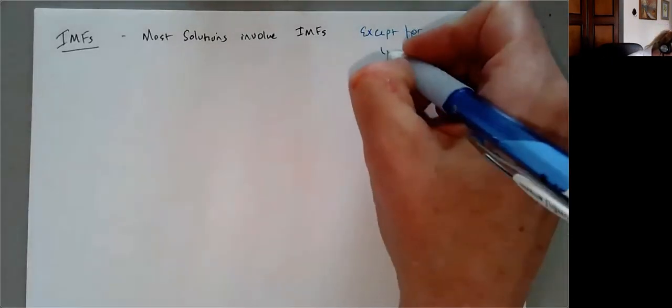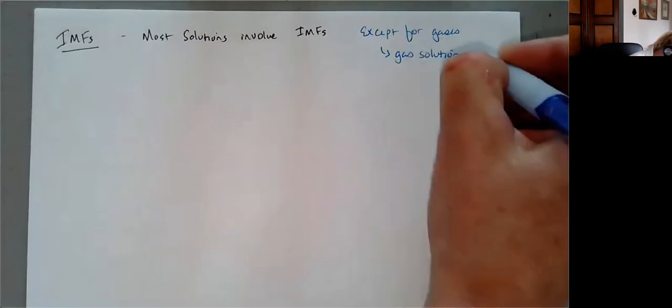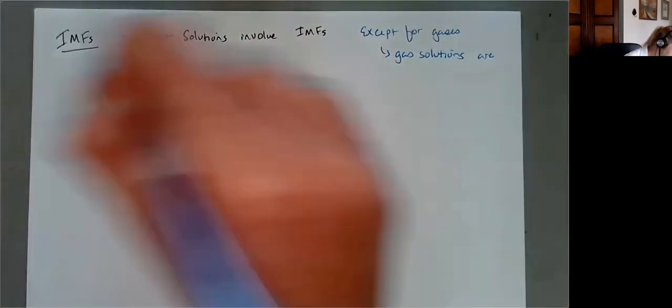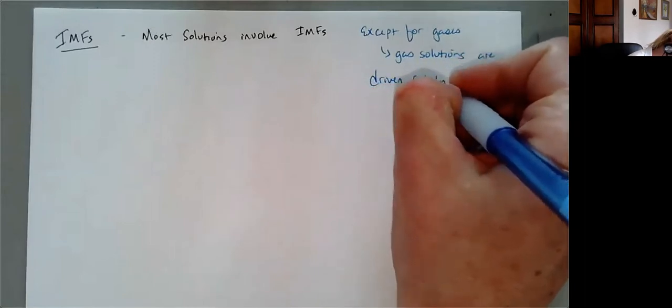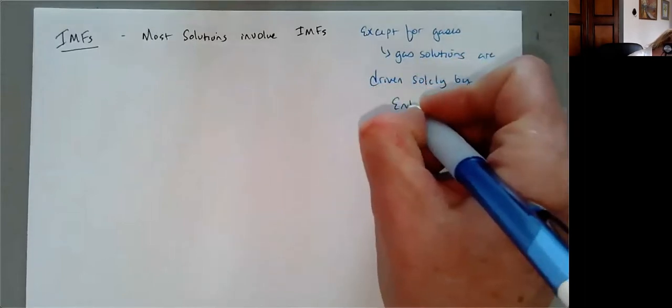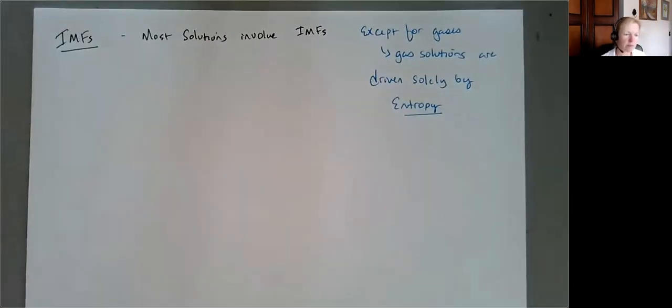Gas solutions are driven solely by entropy. And remember, entropy was our measure of disorder. Any system, process, or chemical reaction that increases the amount of entropy, increases the amount of disorder, increases the amount of movement that molecules have, is going to be favored from an entropy standpoint.